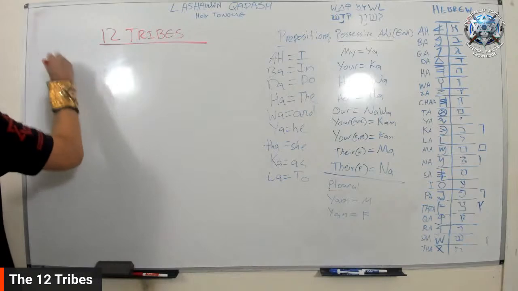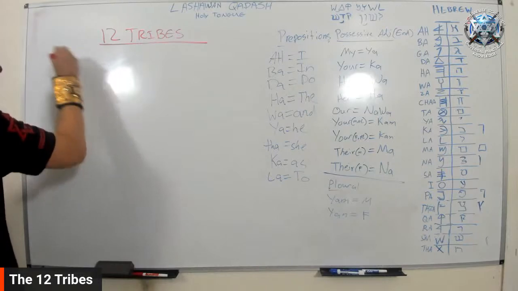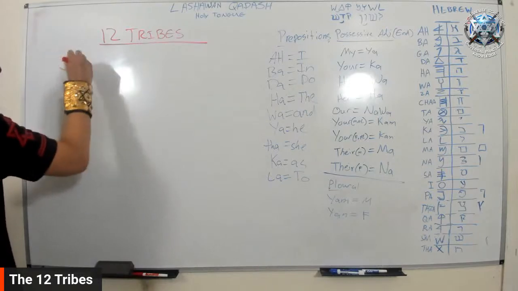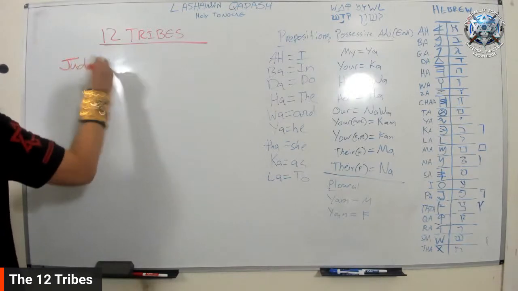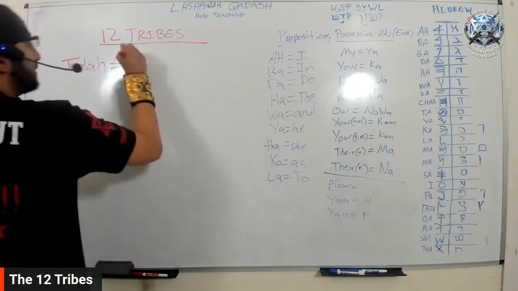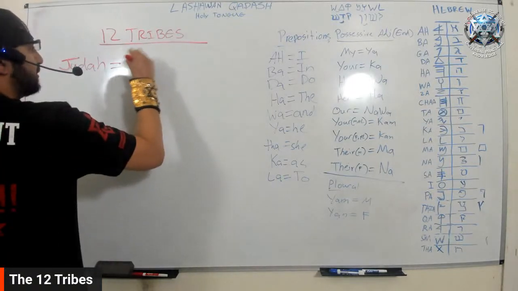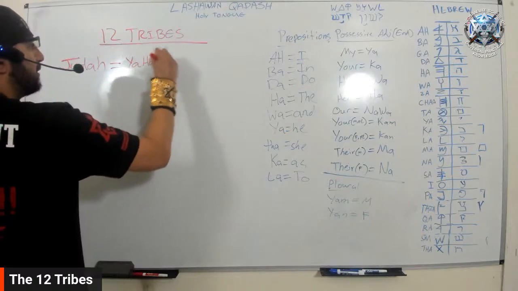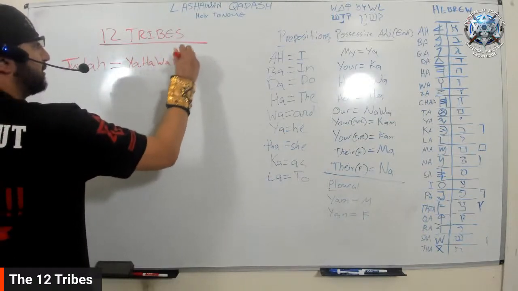The tribe of Judah would be the first tribe that you'll see, not in the Bible, but as far as on the 12 tribes chart. Judah is pronounced Yah Ha Wadah.